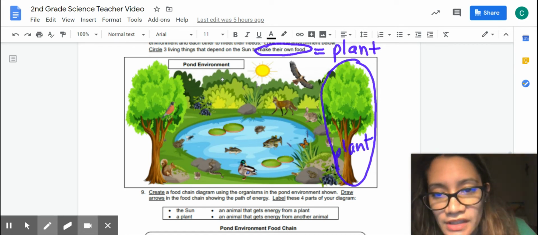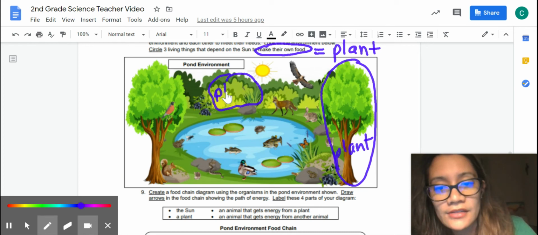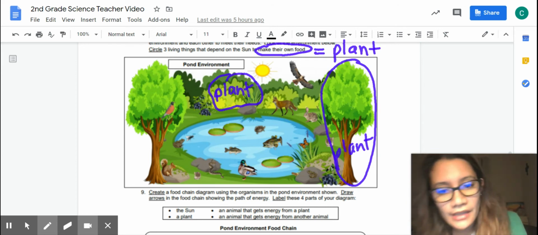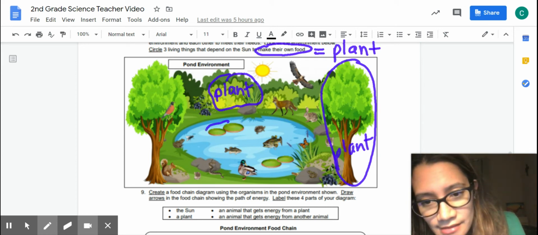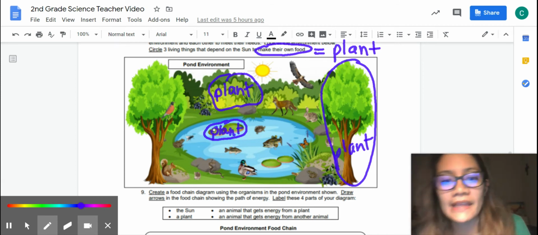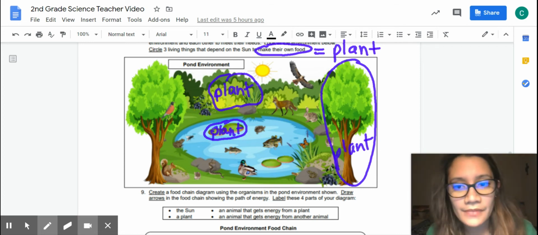These bushes over here, that little bush over there, these are plants as well. And even though this is in the pond, these lily pads, those are plants. So I hope you're labeling this with me on page 106.